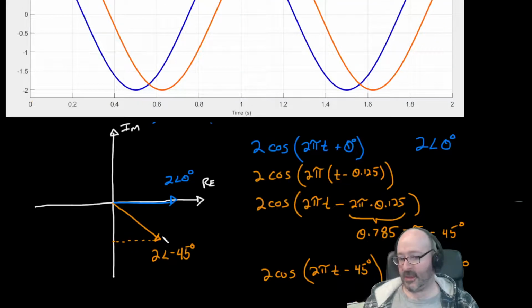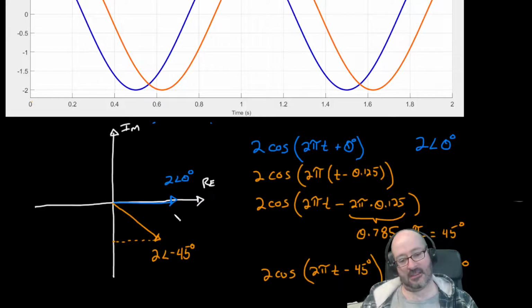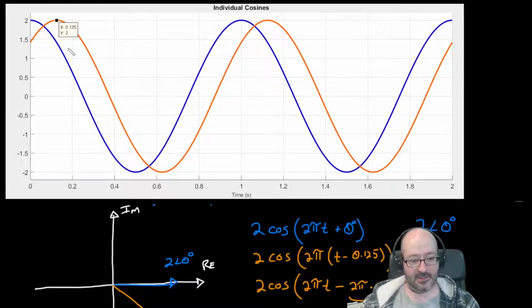This one's not at its peak yet. It's going to head towards its peak. Okay, so it's positive because it's on the right side of the imaginary axis. And as it spins counterclockwise, the first thing it's going to do is head towards its peak. And it's going to take 125 milliseconds to get there if it has an angular frequency of 2 pi.